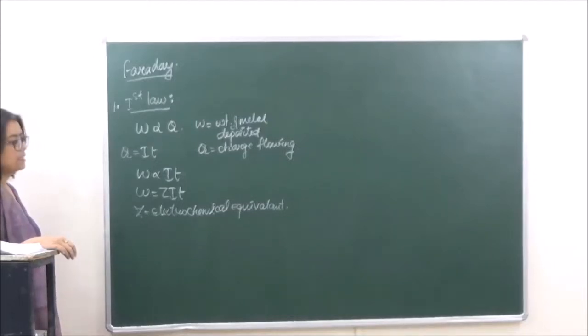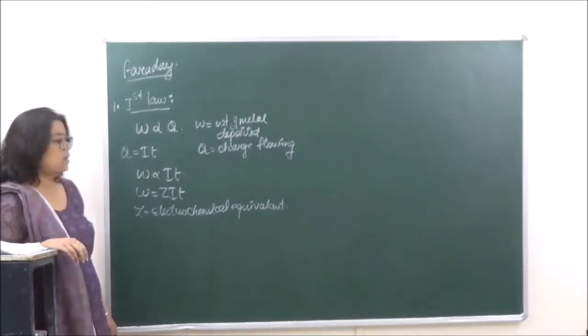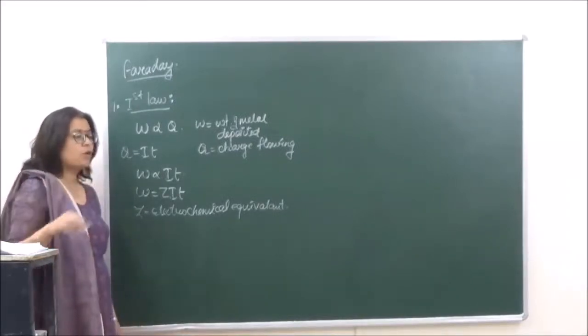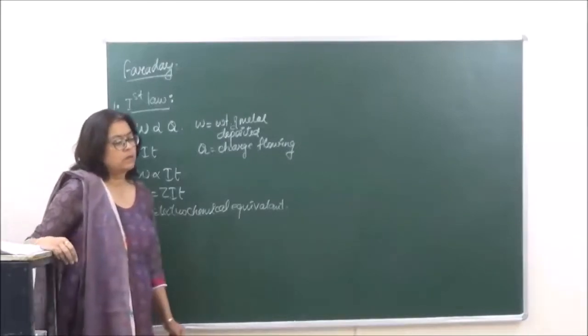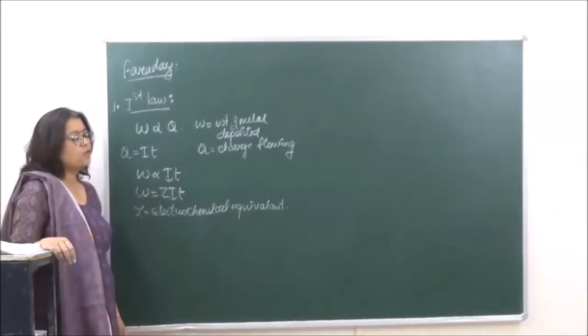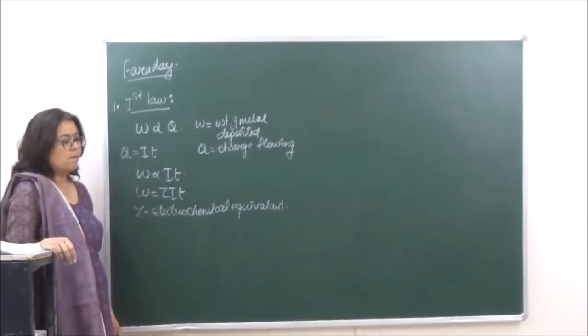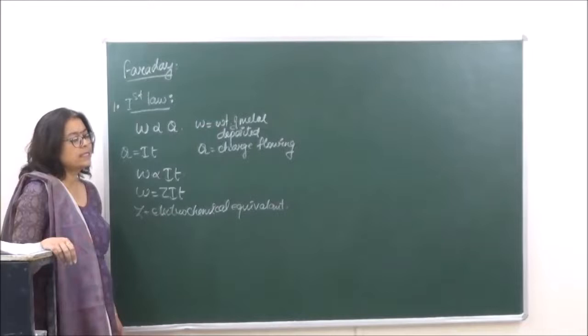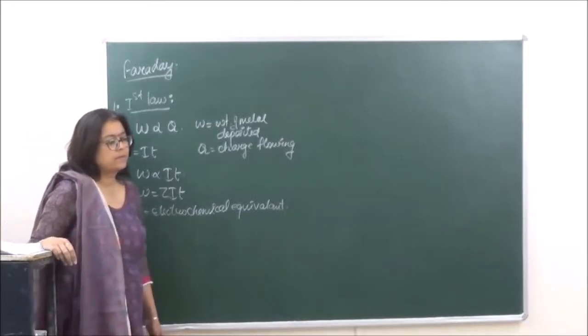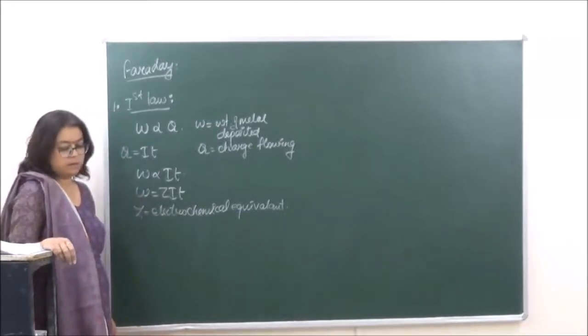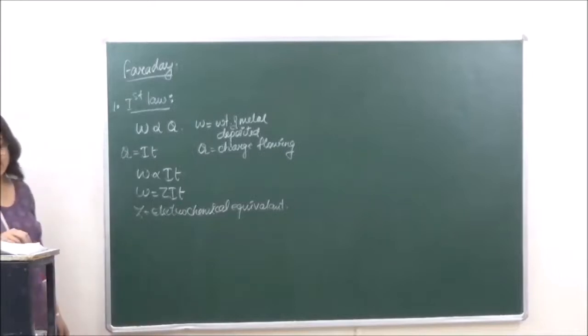You can define the electrochemical equivalent as the mass of the substance deposited when a current of 1 ampere flows through the cell in 1 second.